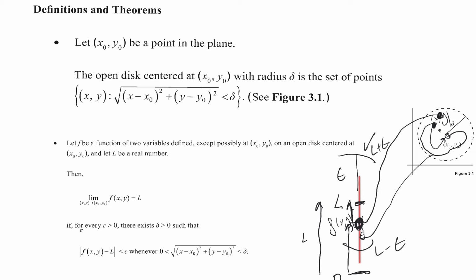If you change the epsilon, you change the delta. So there is a delta of epsilon, such that for every epsilon that you choose, there is a delta where all the points go inside the interval from L minus epsilon to L plus epsilon. So this is the idea of limits.